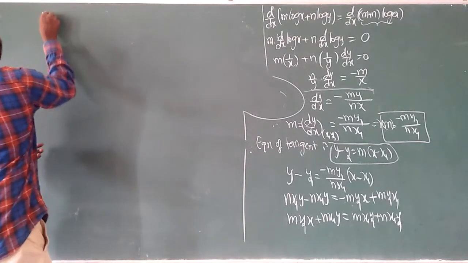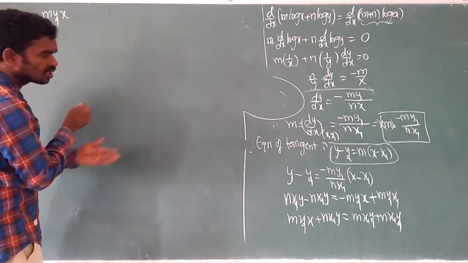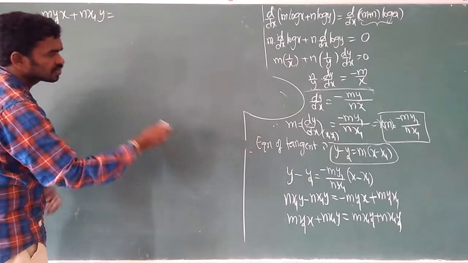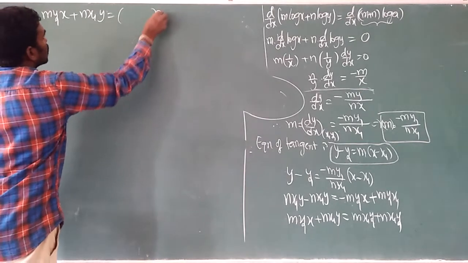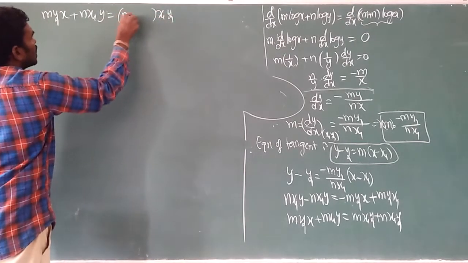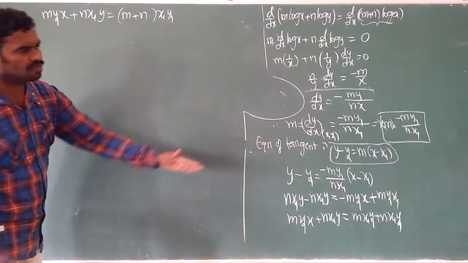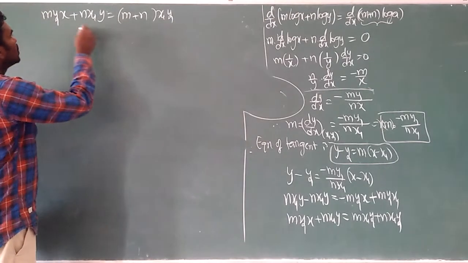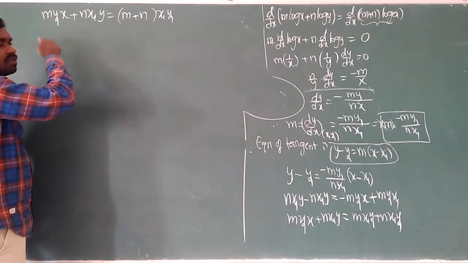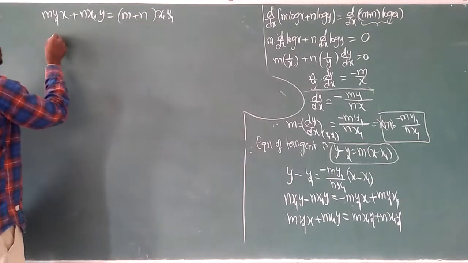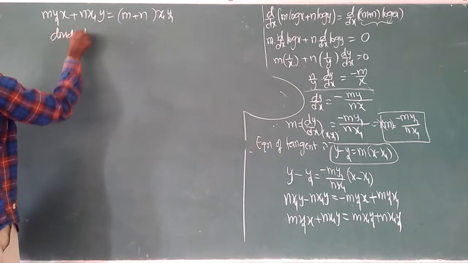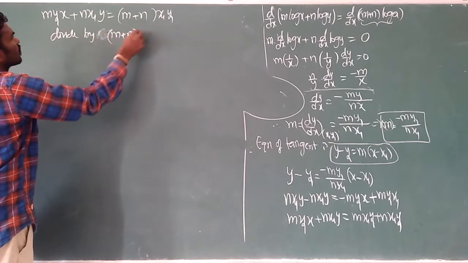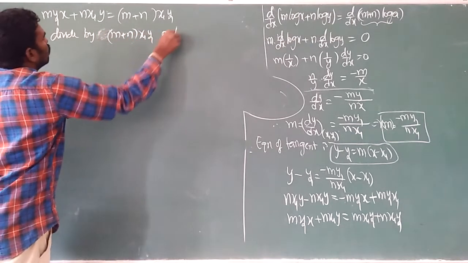Simplify that: m y1 x plus n x1 y is equal to. What is common? Both have x1 y1 common, so the remaining is m plus n. Let's check it: m, x1 y1 common, and x1 y1 common, remaining n. So we should get one. We must divide by (m plus n) x1 y1 on both sides.